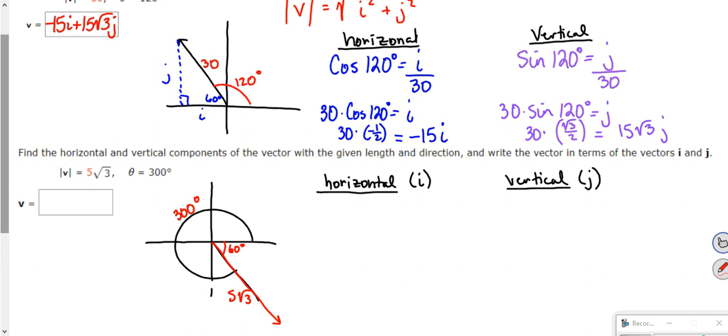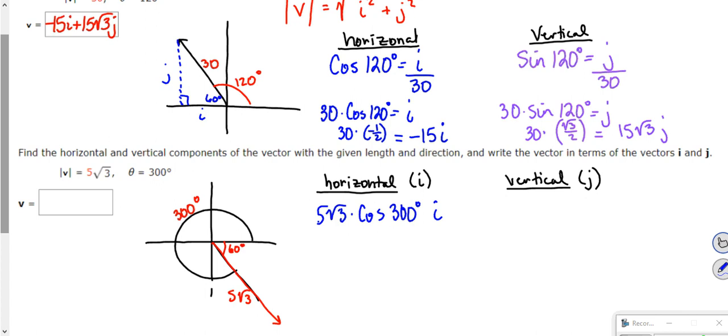So first one here, our magnitude is 5 √3 times cosine 300, and that's going to give us our I value. I actually need to poke that in my handy dandy calculator here. I didn't pre-solve this one. Also, before I forget, make sure your calculator is in degree mode.